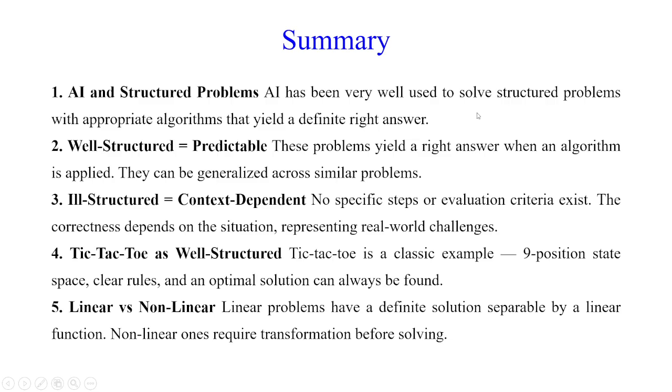So this is the foundation of classical AI. Well-structured means predictable, because their solutions can be generalized. The same method works for similar problems. So this makes AI systems for well-structured problems highly reliable and efficient.